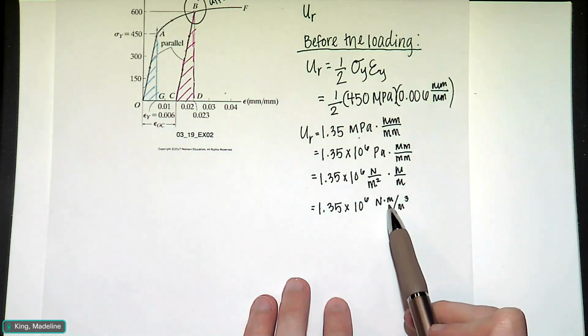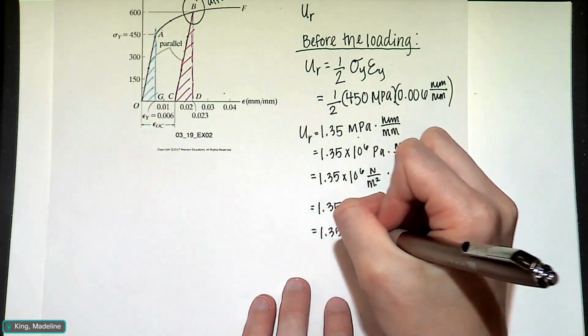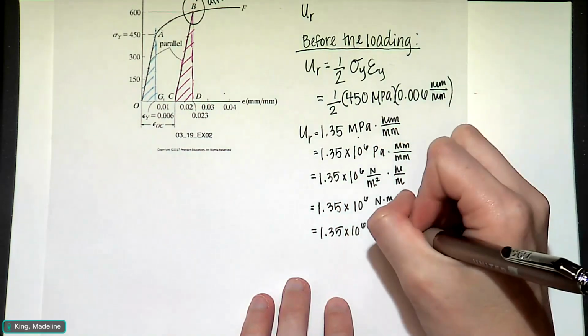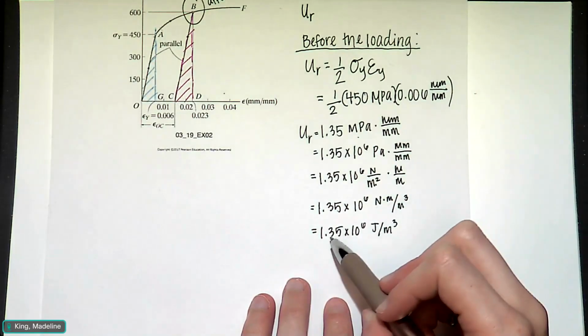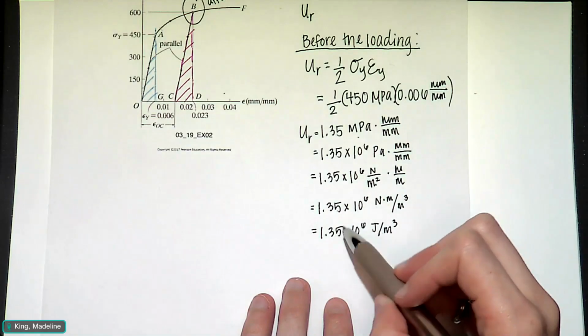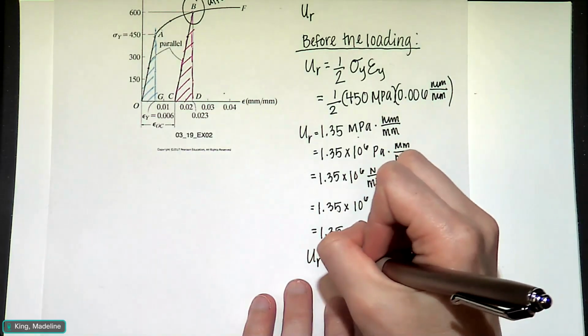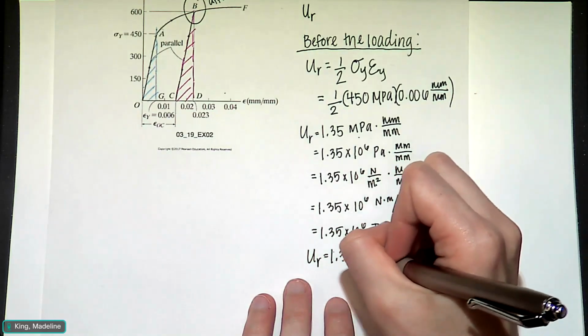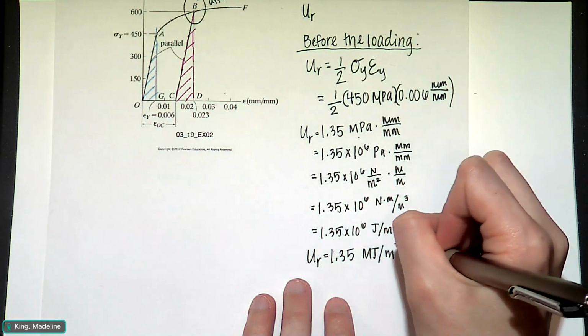A Newton times a meter, that is our joule that we're looking for. 1.35 times 10 to the 6 joules per meter cubed. You can keep it like this if you wanted to. I'm just going to convert the 10 to the 6 back to mega. So our final answer will be 1.35 megajoules per meter cubed.